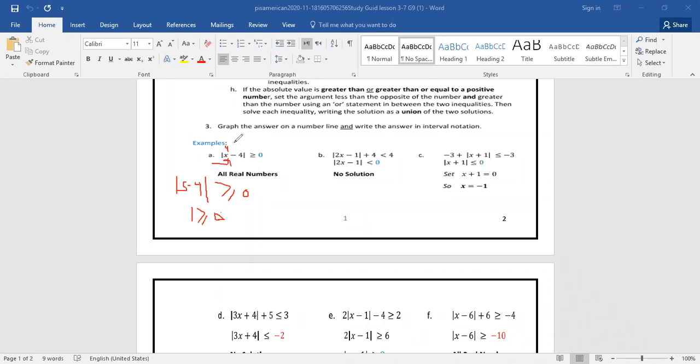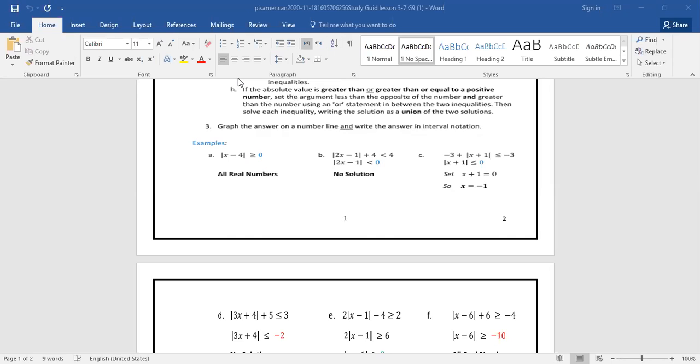This inequality is correct or wrong? If I would say 0 is more than or equal 0, the inequality is correct. Once you have absolute value more than or equal 0, the answer will be all real numbers. We will not continue to answer the question.